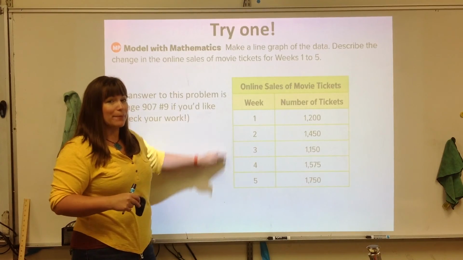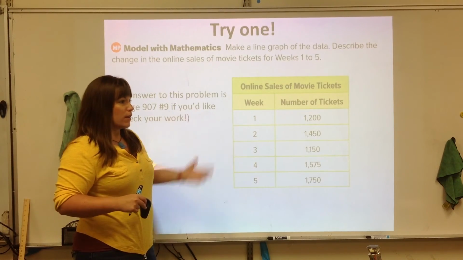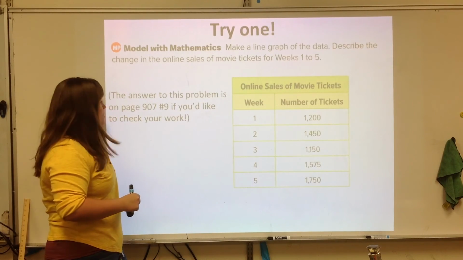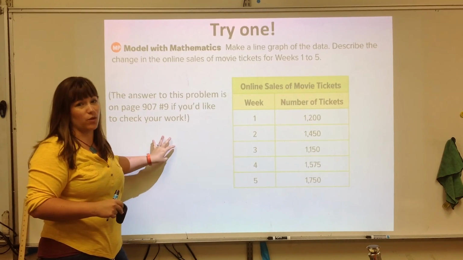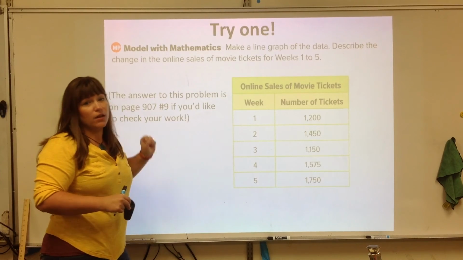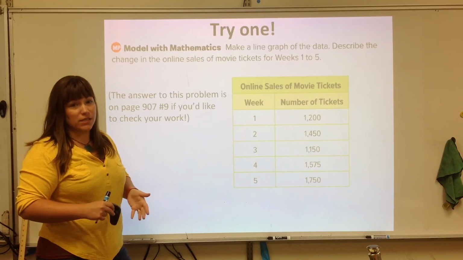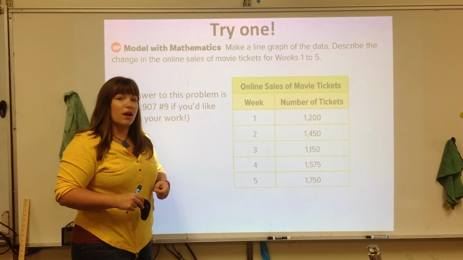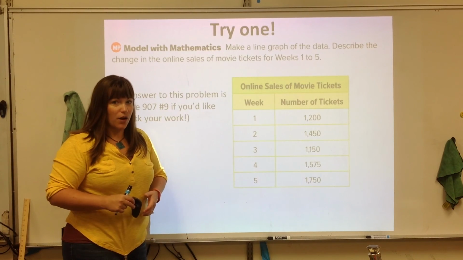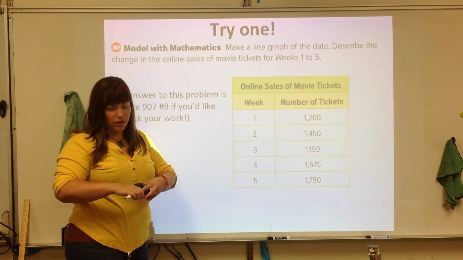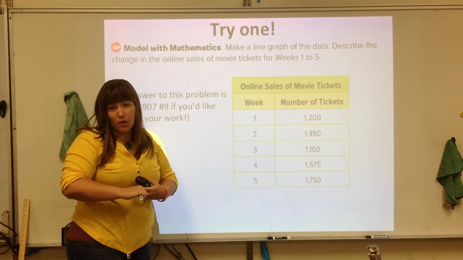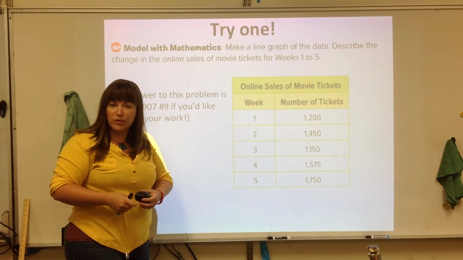So what happened in week 1 to week 2, etc. If you want to check your answer, this is actually pulled from page 907 in your math book. It actually has an example of how you could explain that data on the line graph and has a picture of one. If you don't have any grid paper, you can just eyeball it, or you could make your own grid paper.